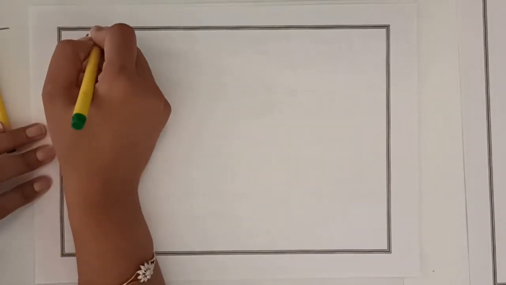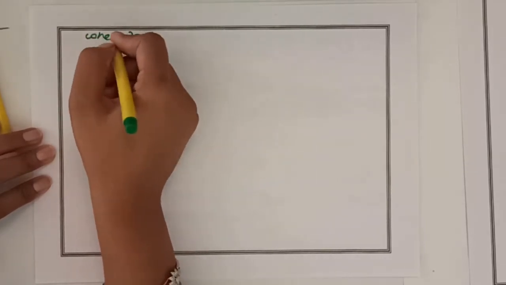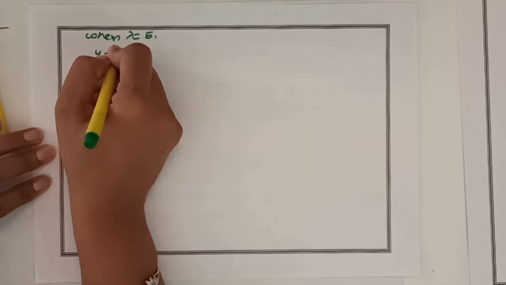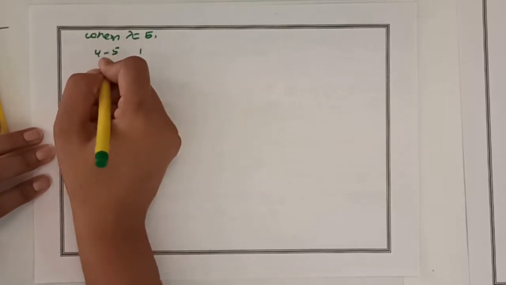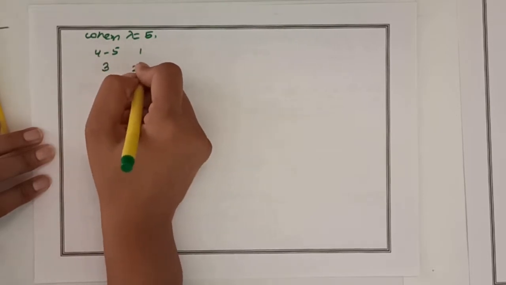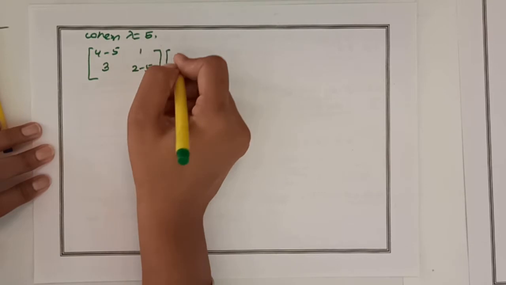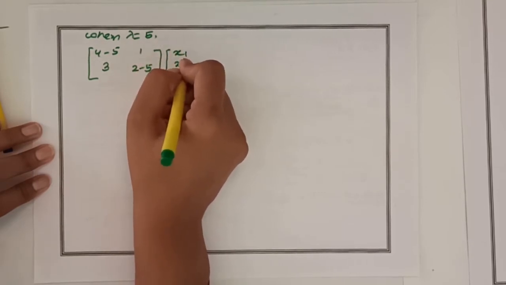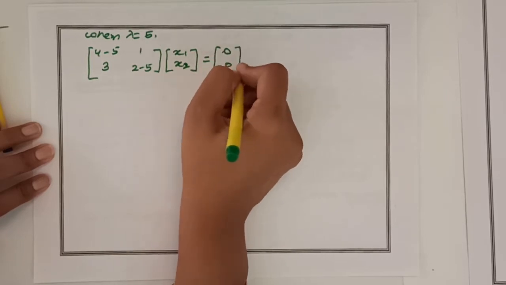So in another case, when lambda is equal to 5, then you can write the matrix as first element 4 minus 5, second is 1, this is 3, this is 2 minus 5, into x1, x2, this is equal to 0.